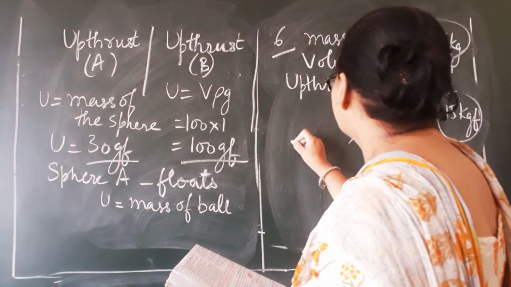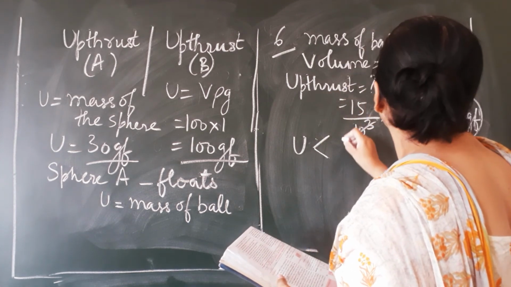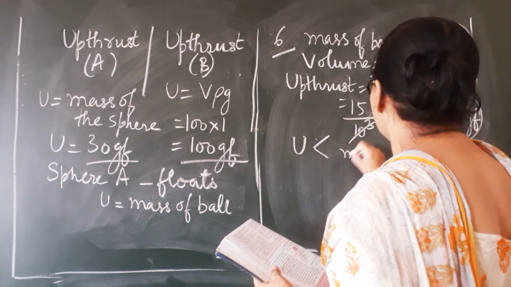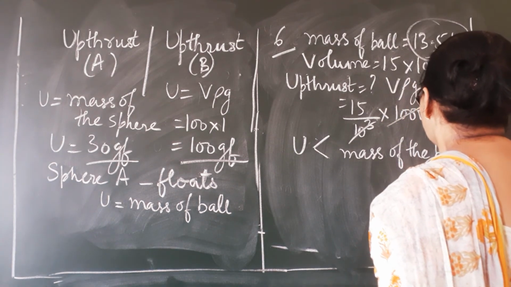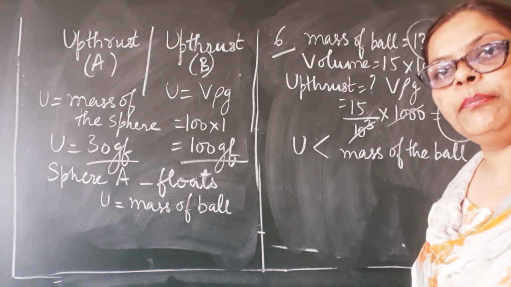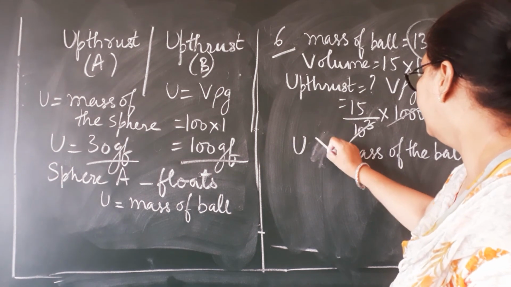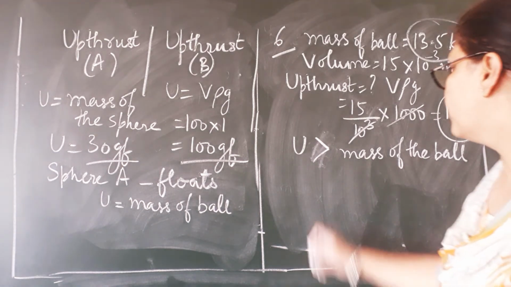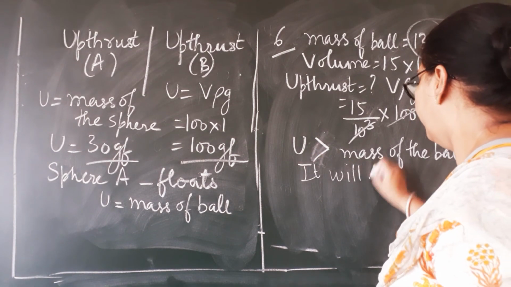So naturally you will say upthrust is greater than the mass of the ball. Now when the upthrust is greater than the mass of the ball, what's going to happen? It will float.